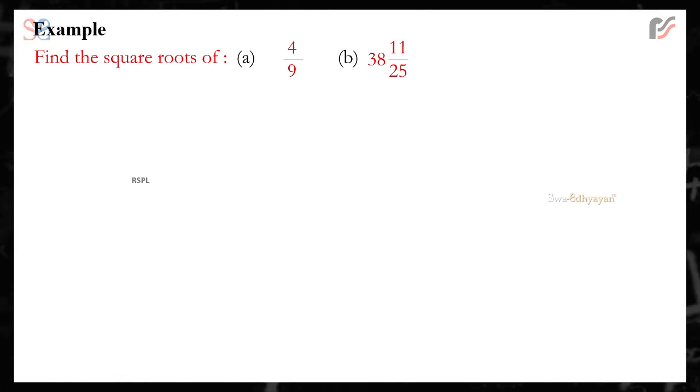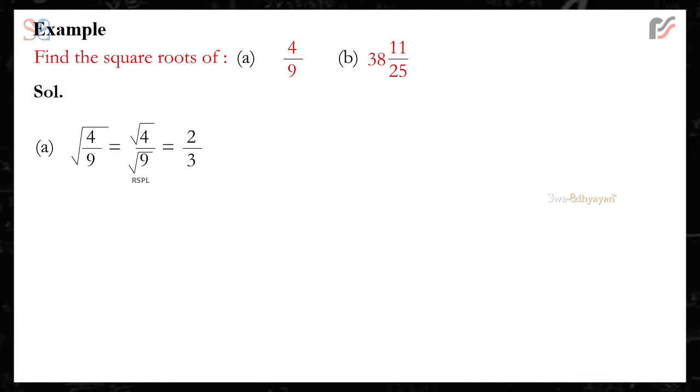Example. Find the square roots of a. 4 by 9, b. 38 11 upon 25. Solution. A. Square root of 4 by 9 is equal to square root 4 by square root 9, which is equal to 2 by 3.